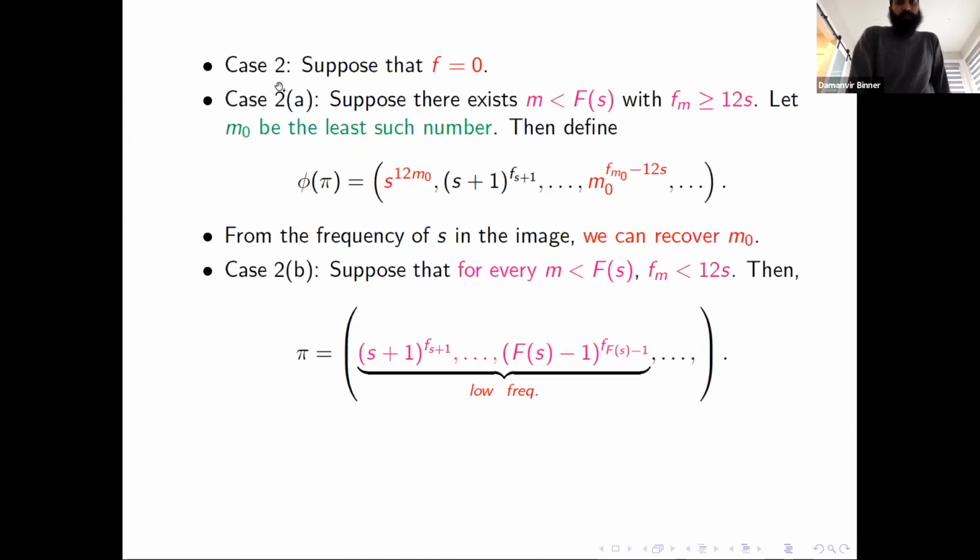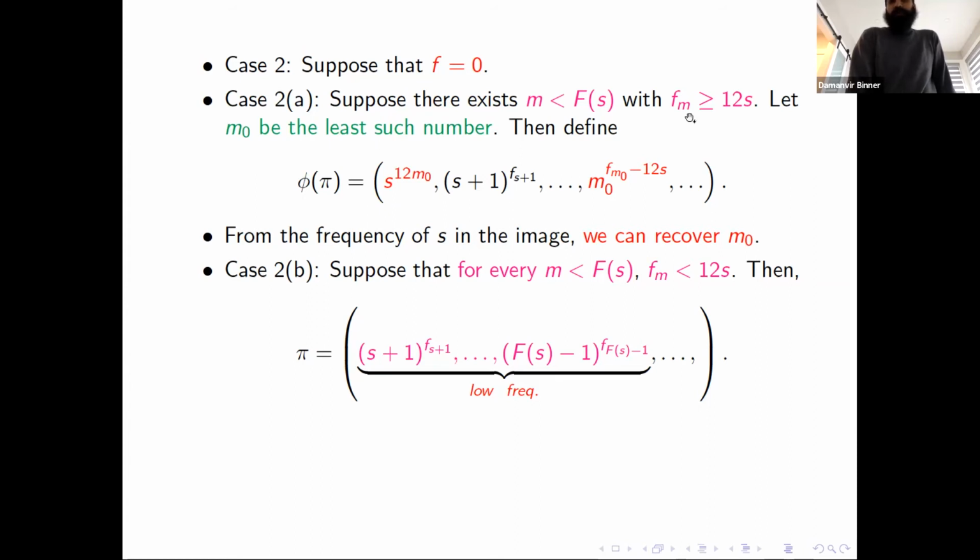Next, for case 2, we suppose f is 0. This time we don't have to remove any parts of L plus s minus 1, and we just need to add some parts of s and compensate by removing some other parts from the partition. So we'll have two further subcases. For the first subcase, we assume that there exists some m in the partition, with m at least s plus 1, which has frequency greater than or equal to 12s, and we let m naught be the least such number.